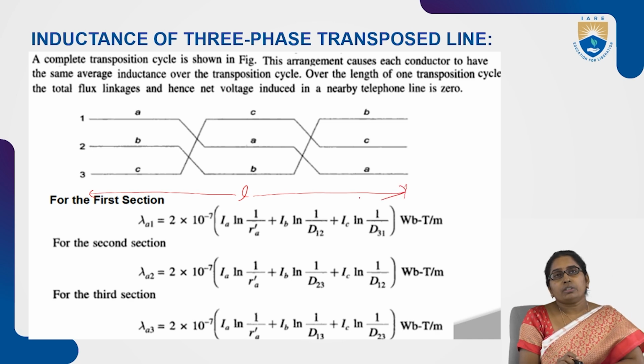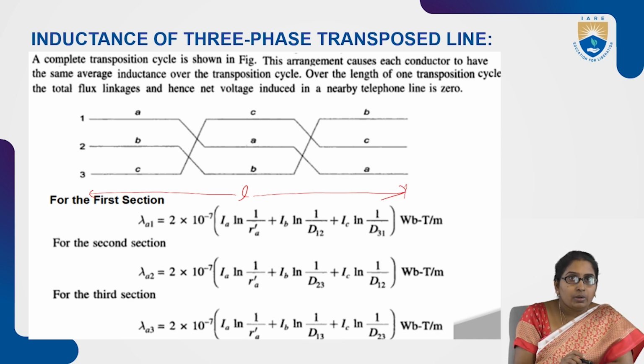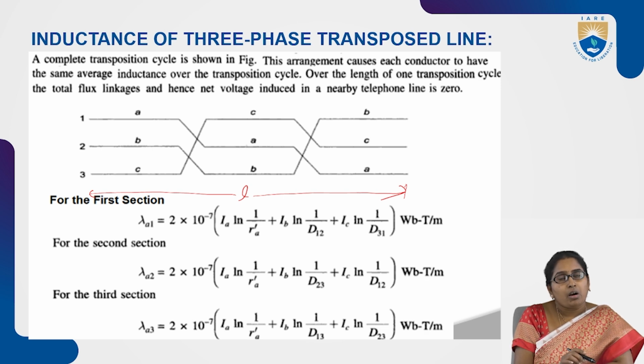Transposed line means each conductor takes all the positions of the line, and each position is one third of the total length.